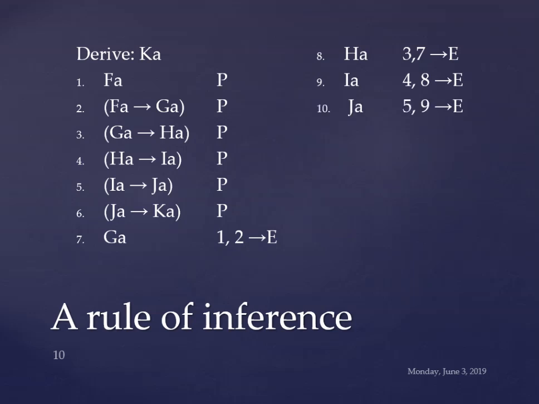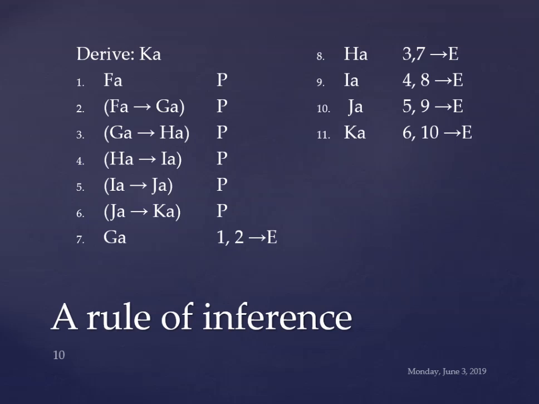Again, I'm using arrow elimination, conditional elimination. And now I can get Ka, because I have Ja arrow Ka on line 6 and Ja on line 10. So now I can write down Ka, citing lines 6 and 10, arrow elimination.